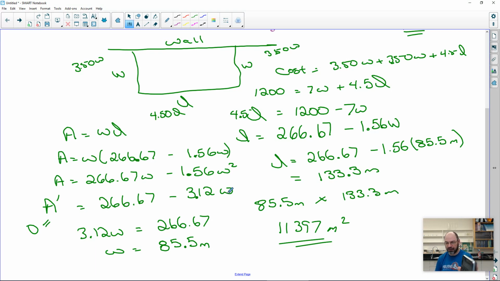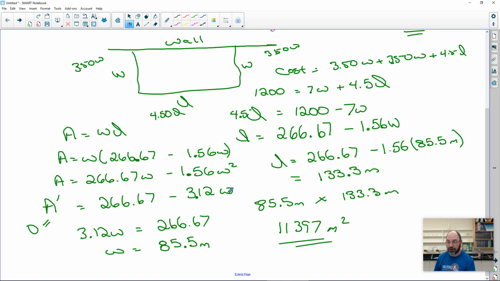I didn't get exactly $1,200, but you should get about $1,200. So you could double check your answers a little bit. So there's our first example, a cost example. In the practice assignment, we have a couple of those for you to do.